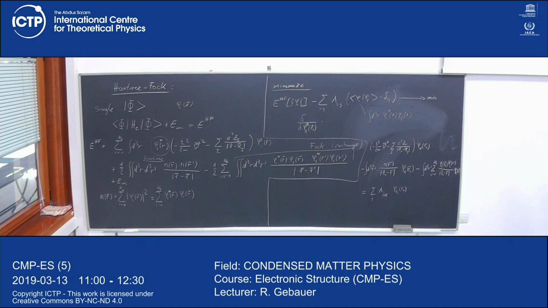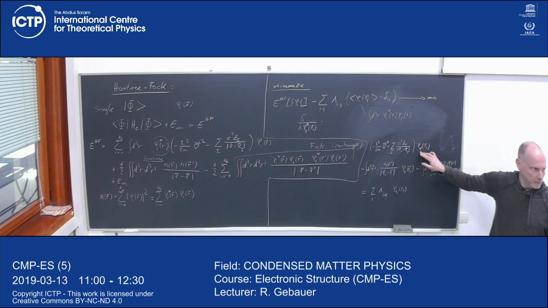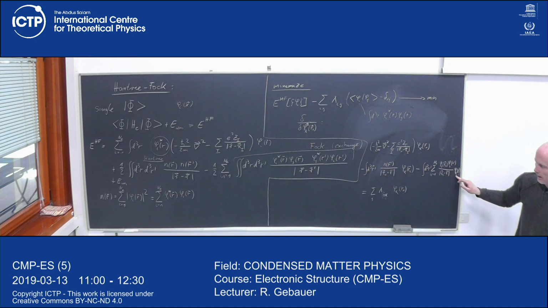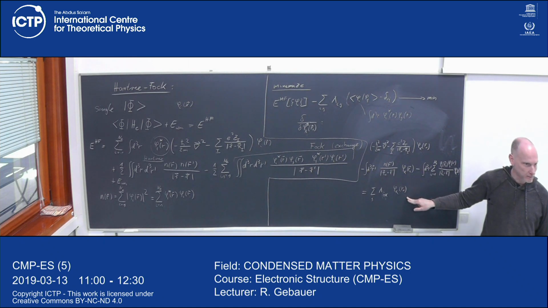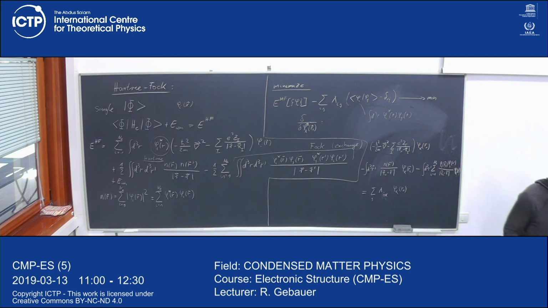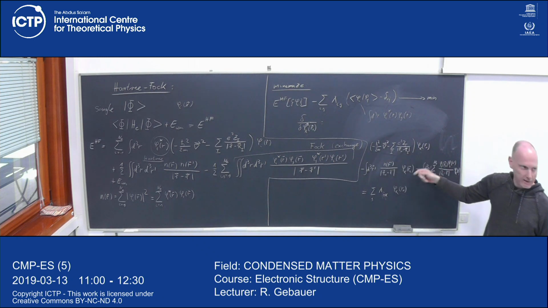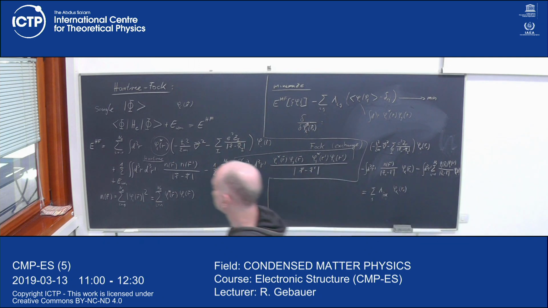So what we have obtained is some operator acting on phi k, and here also some operators always acting on phi k, equals a number times phi k. Okay? So it is now very natural to say all these things which act on phi k look like one operator. This is what is called the Hartree-Fock Hamiltonian.